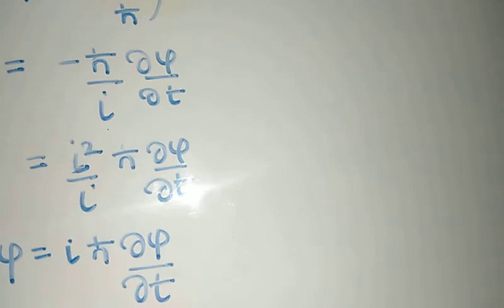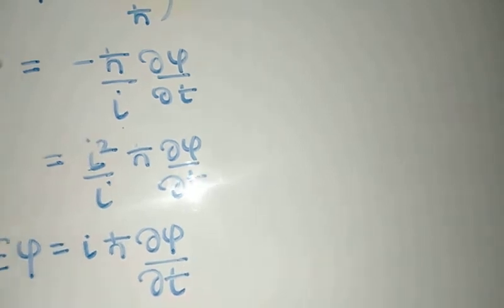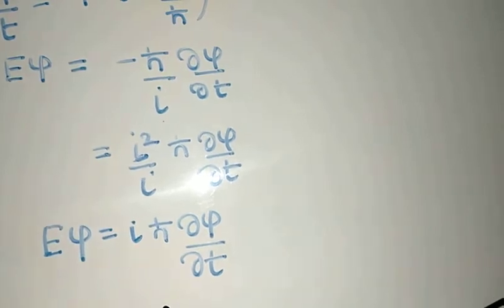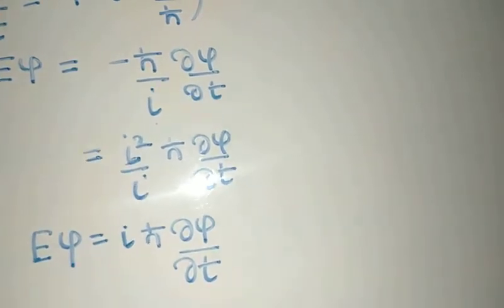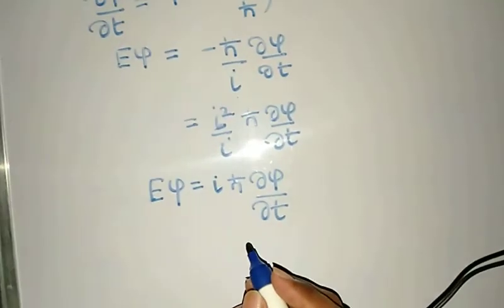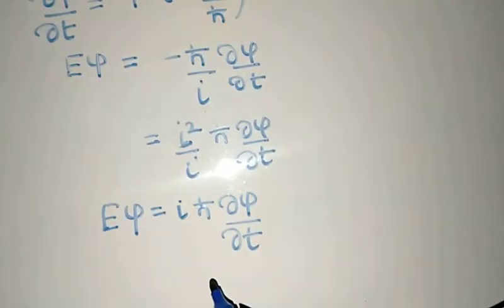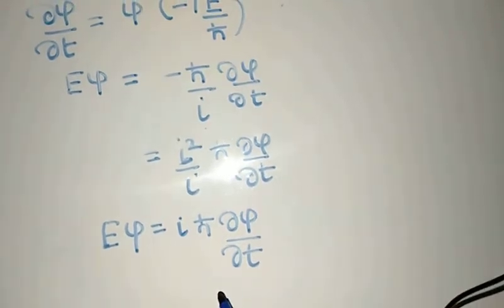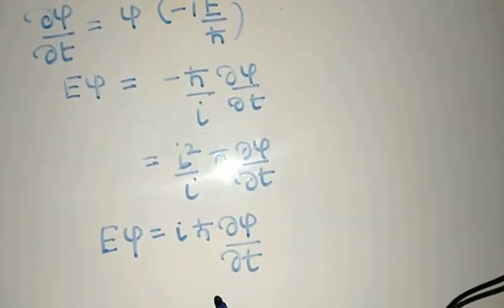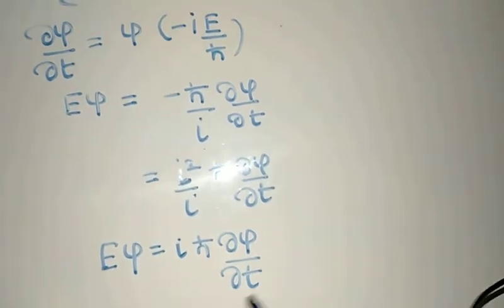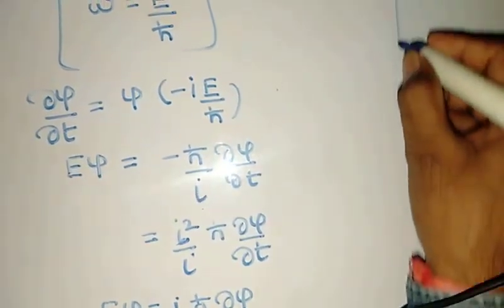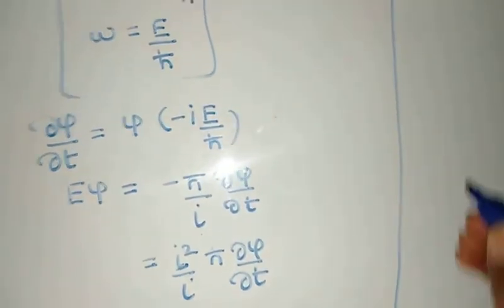Now after finding this E psi, we will use the Schrodinger time independent wave equation and put the value of E psi there.